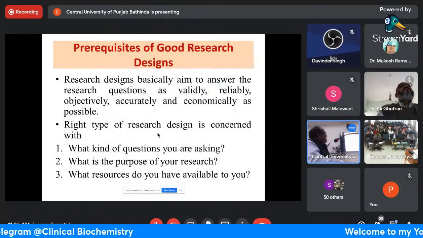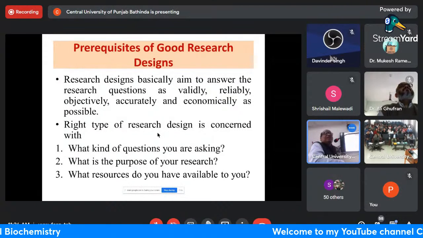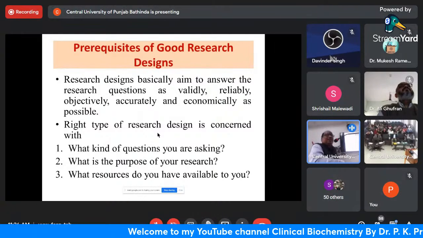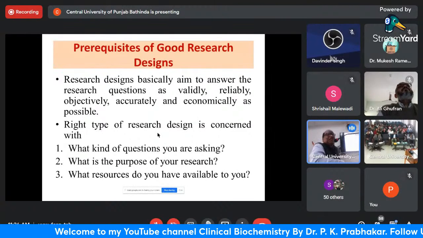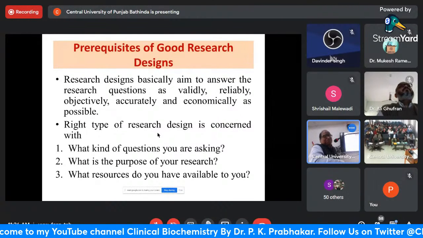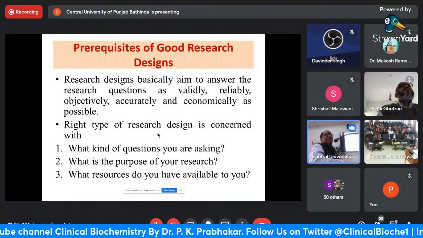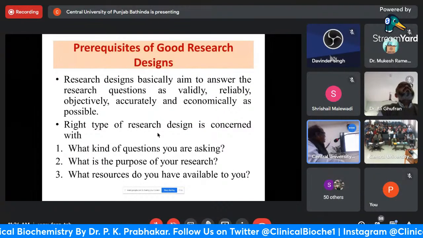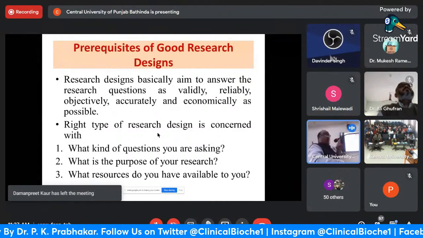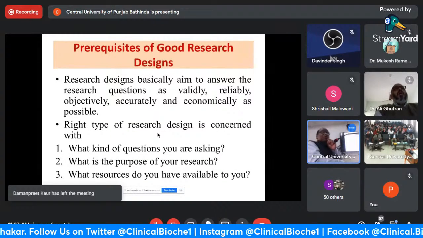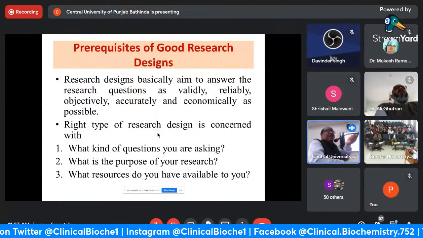Now, prerequisites. Whenever we think of following a good research design for our research, how do we select it? What will we call a good research design?